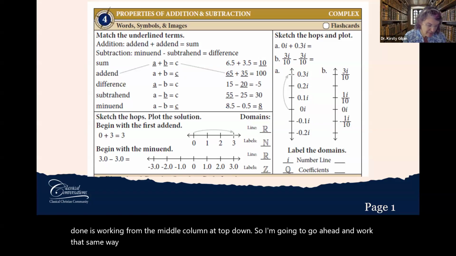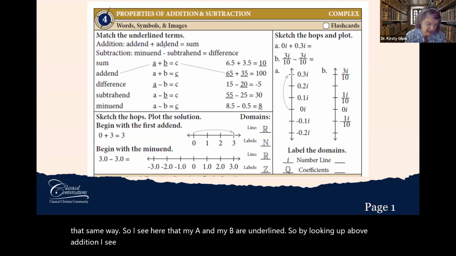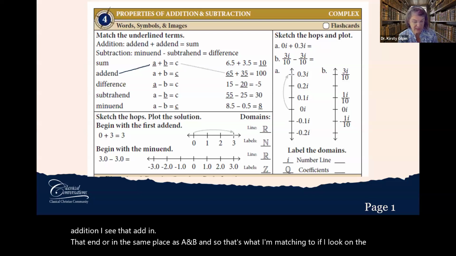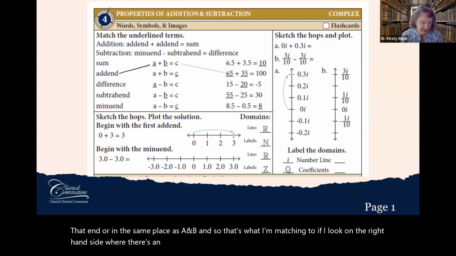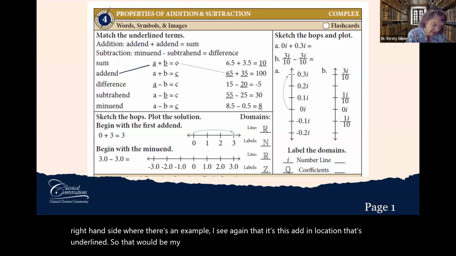My A and my B are underlined. Looking up above at addition, I see that addend and addend are in the same place as A and B, so that's what I'm matching to. On the right-hand side, it's this addend location that's underlined, so that would be my 65 and my 35.